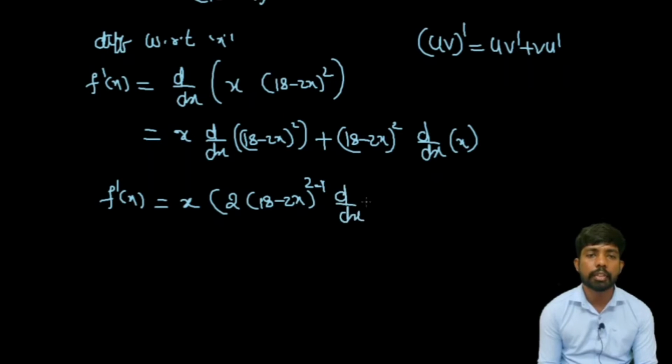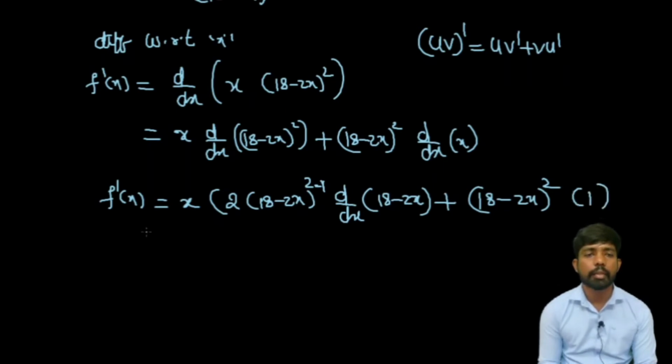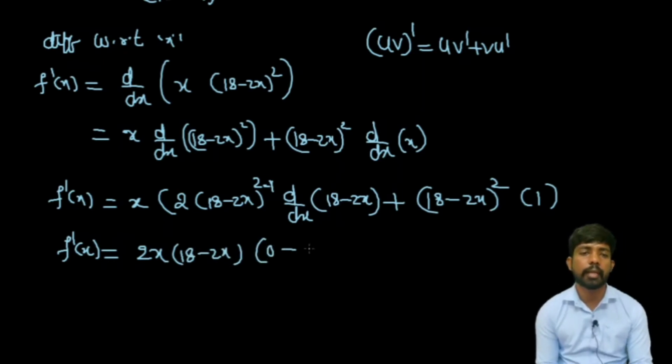Differentiation of 18 minus 2x, plus this same (18 minus 2x) whole square, and differentiation of x is 1. Therefore f dash of x is equal to x into 2 into (18 minus 2x), differentiation of 18 is 0, differentiation of 2x is 2, plus (18 minus 2x) whole square.